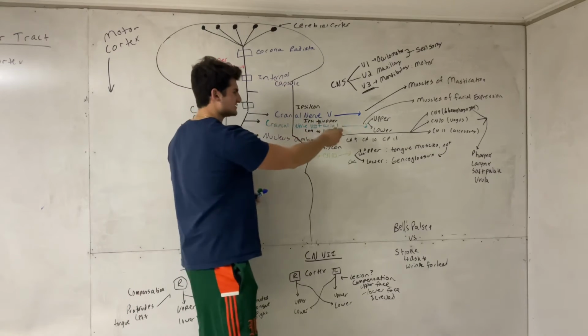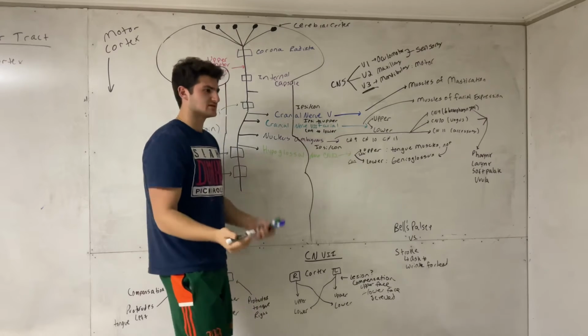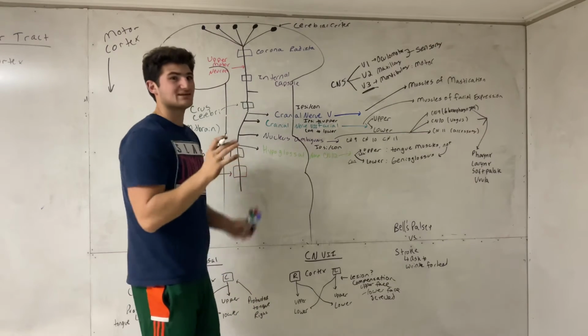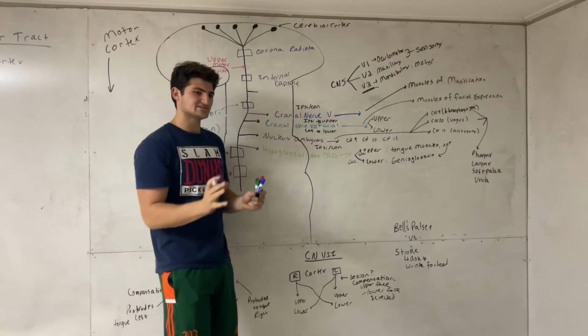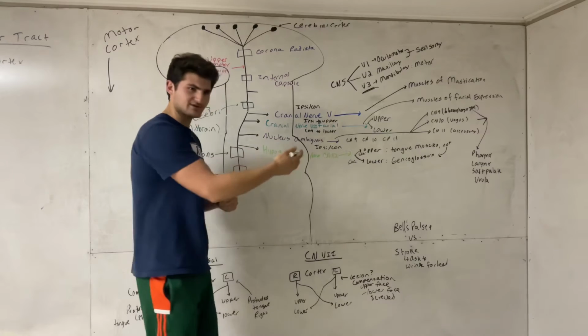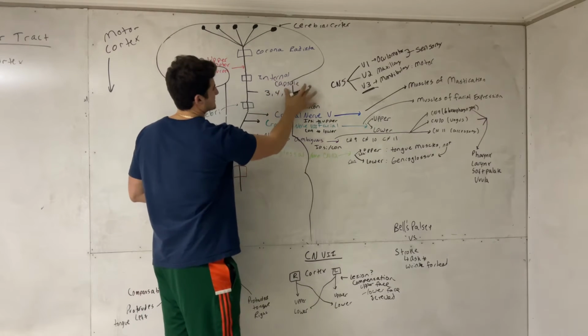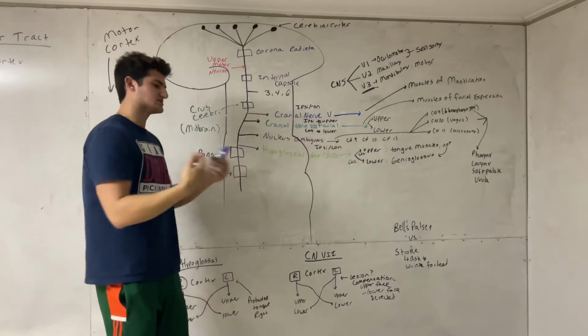So you have 5, 7, 9, 10, 11, and 12. There's a lot that are missing. Well, the 3 main ones that are not directly stimulated by the corticobulbar tract, but are secondarily stimulated, are 3, 4, and 6. So cranial nerves 3, 4, and 6 have not direct innervation, but secondary innervation.